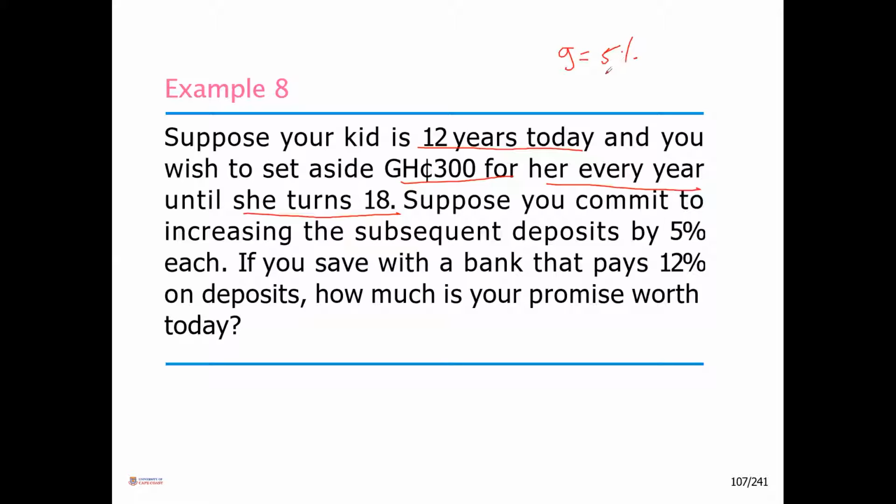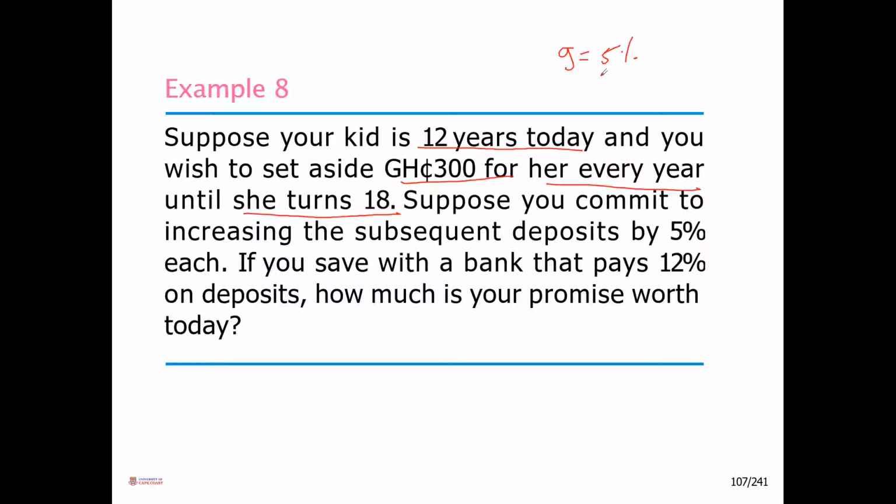If you save with a bank that pays 12% on deposit, how much is your promise worth today? So we are looking for present value, and we are talking about present value of a growing annuity.